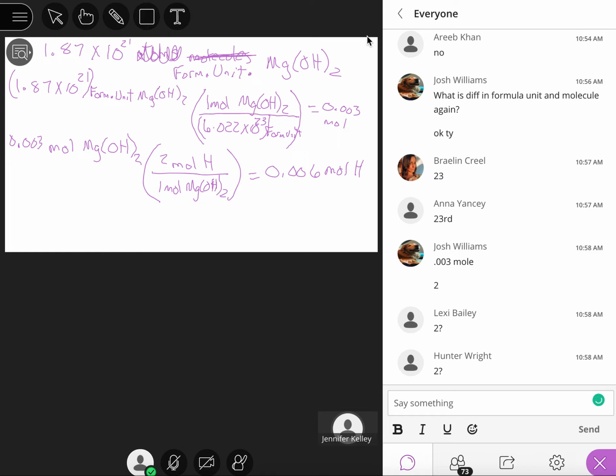If you get stumped, you can go to Google and just type in tutorials for grams to moles or grams to molecules. And it'll give you some examples of that, so you can just see how the flow goes. Also, in your chemistry textbook, in the normal one, they do have little videos.